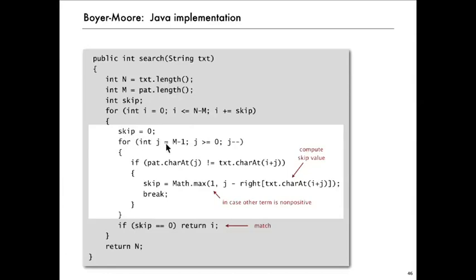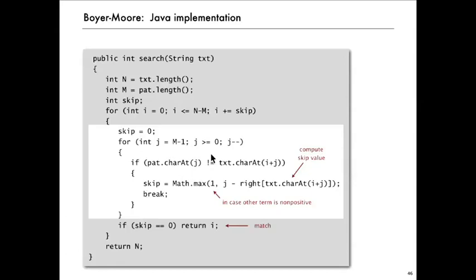So we go all the way through the pattern from right to left. If we get all the way through the pattern and we don't find a mismatch, it's all matches, we don't change the value of skip, and we found a match.